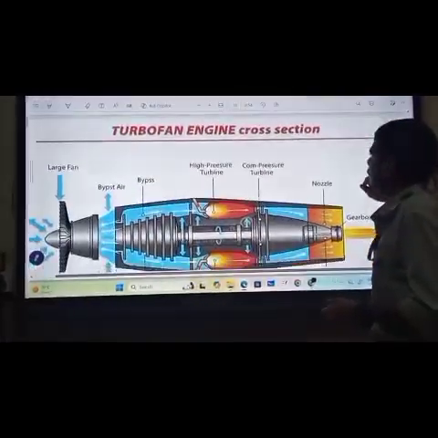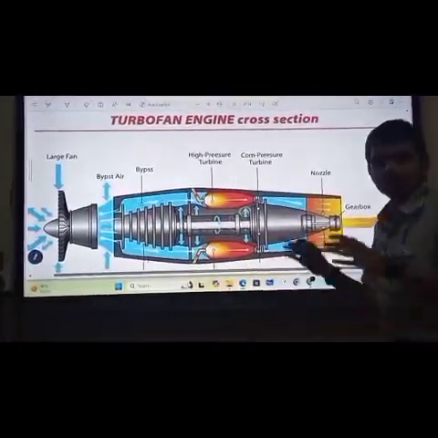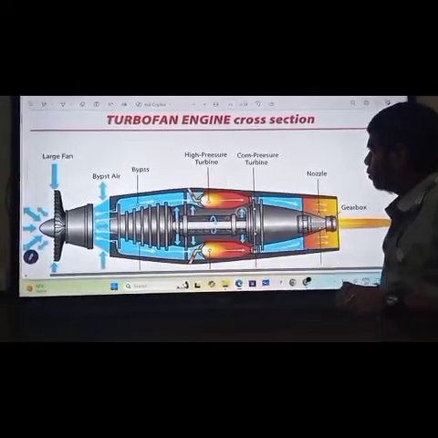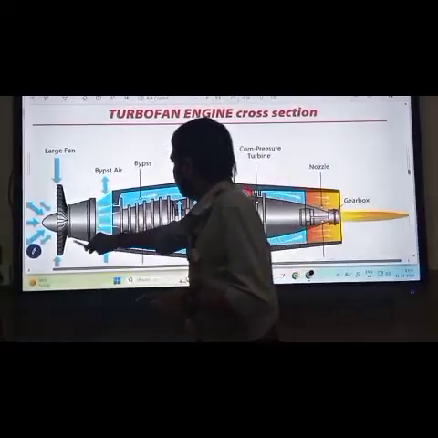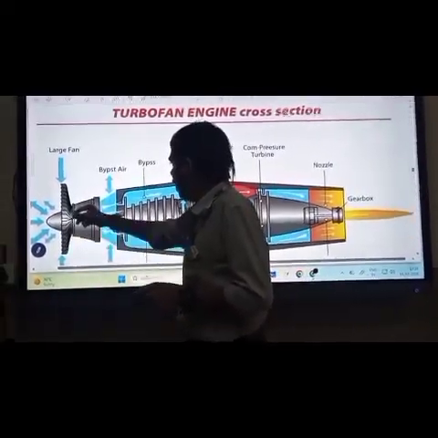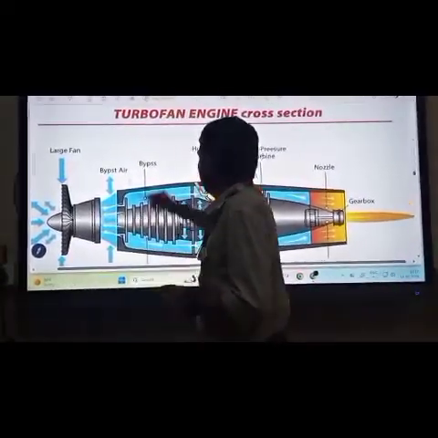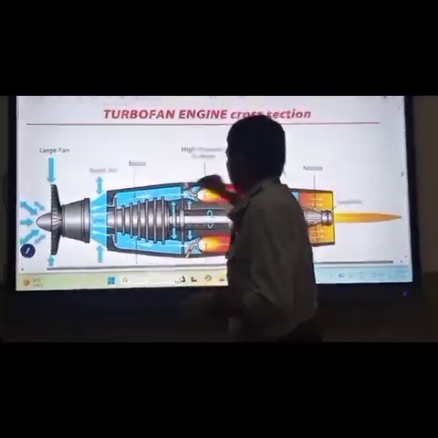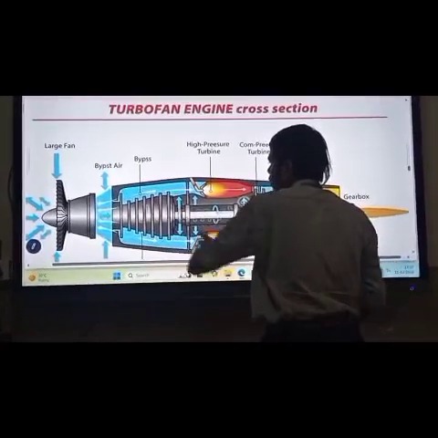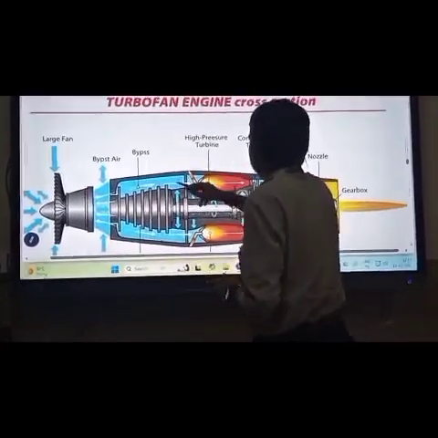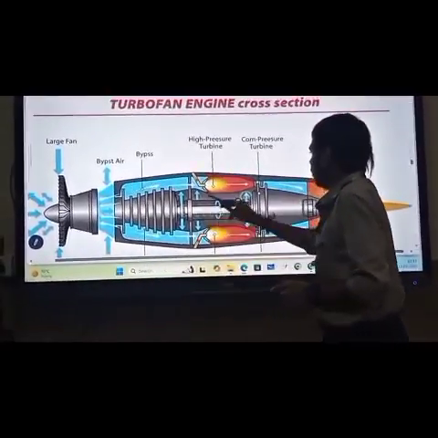And this is the turbofan engine. The turbofan engine is used for commercial aircraft purposes because in this engine a fan is attached at the intake section. This is the bypass. Air passes through the compressor section, which pulls the air and passes it to the combustion section.